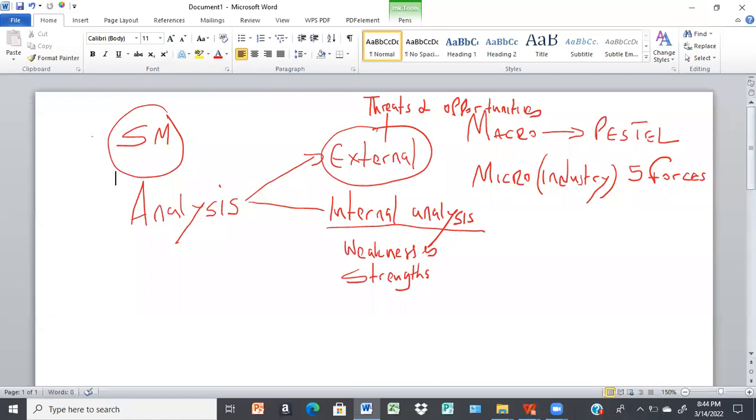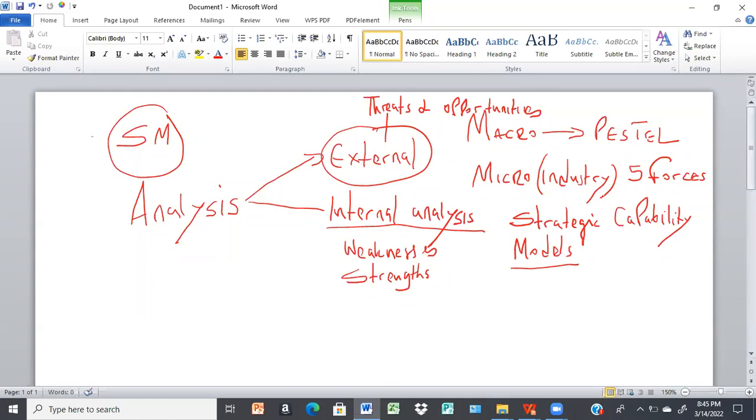So how do you carry out internal analysis? This is now where you do your position audit, or strategic capability. What tools are you going to use? What models do you use?